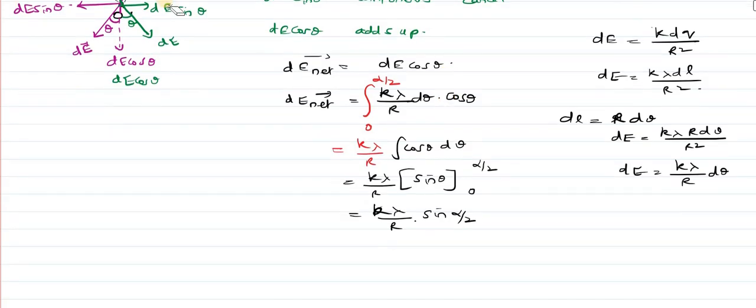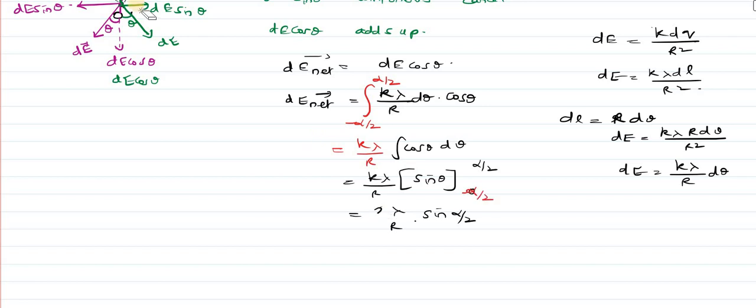So if you take one element and find it, then it is correct. You have to multiply by 2 at the end. But now we have taken 2 elements and we cancelled the sin theta component already. So it will be minus alpha by 2 to plus alpha by 2.